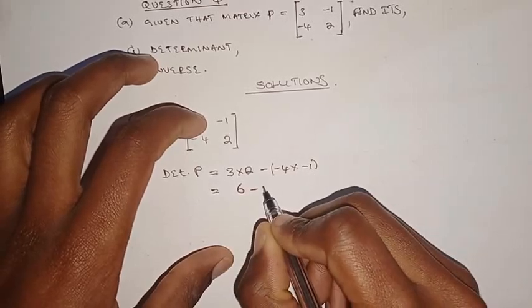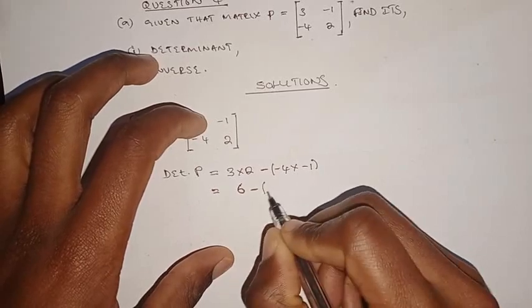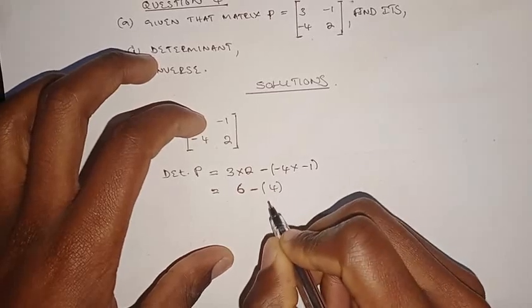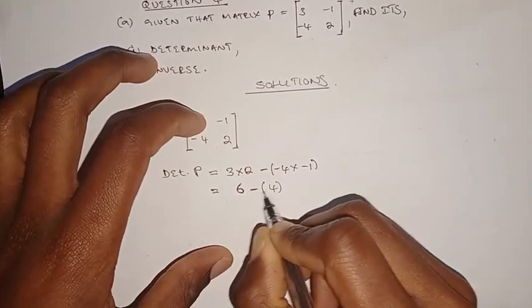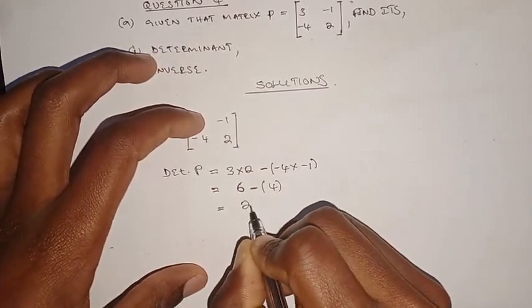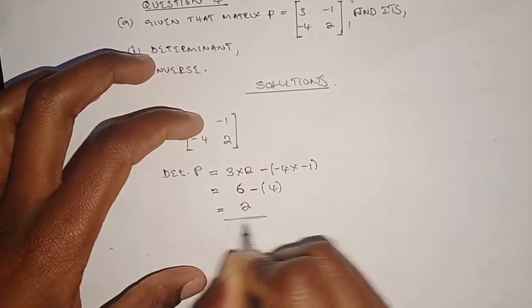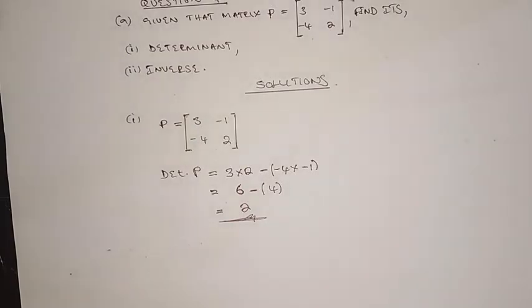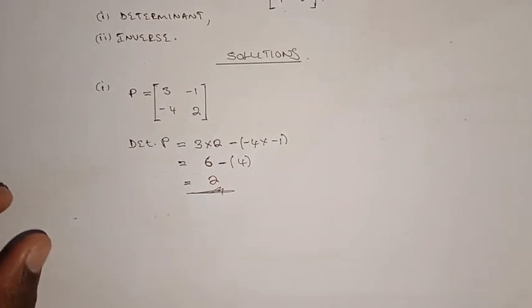It's going to be positive what? 4. Like so. Okay, so this is basically 6 minus 4. 6 minus 4, it's going to give us a 2. So the determinant of matrix P is positive 2. So we have found the determinant of P.